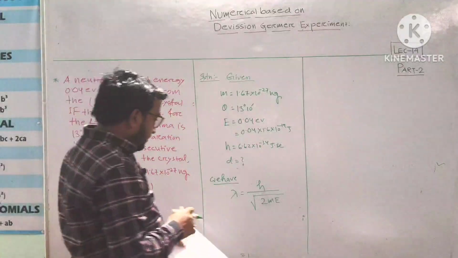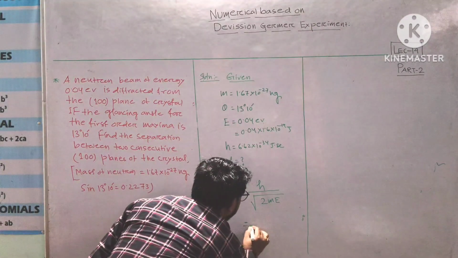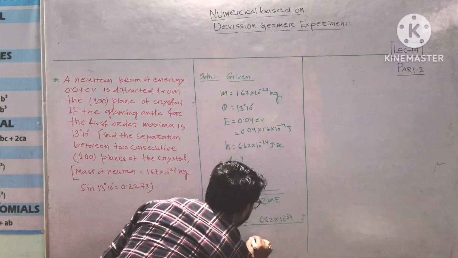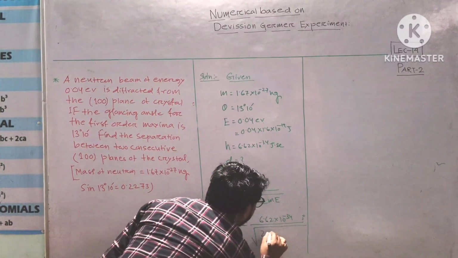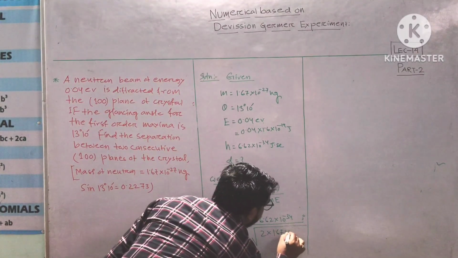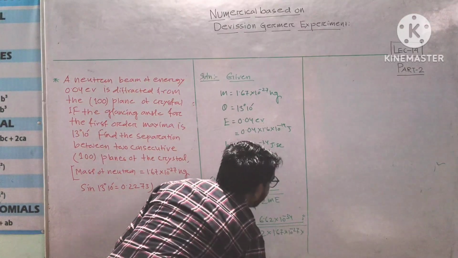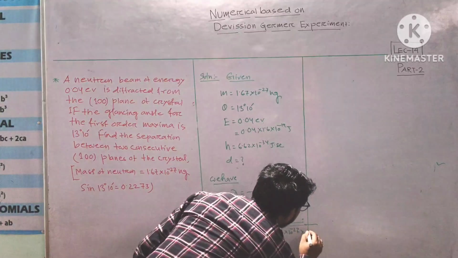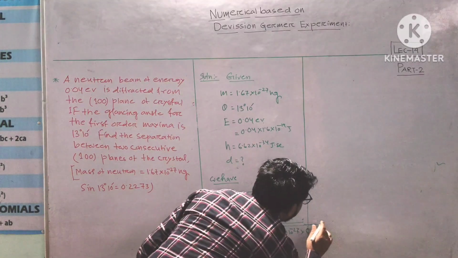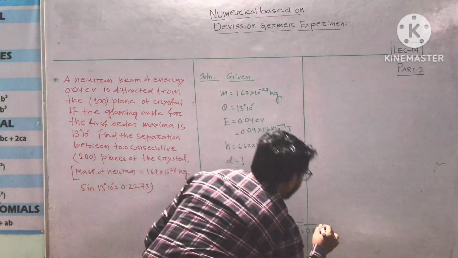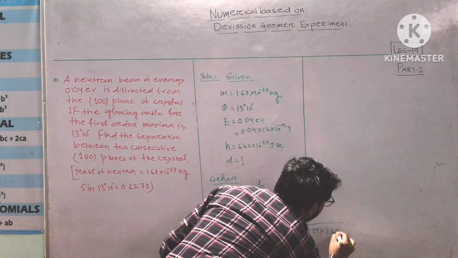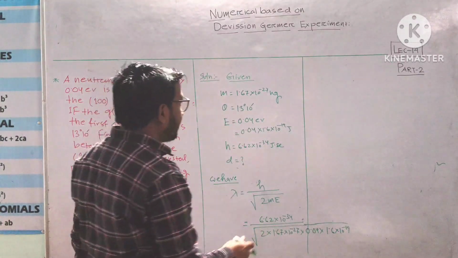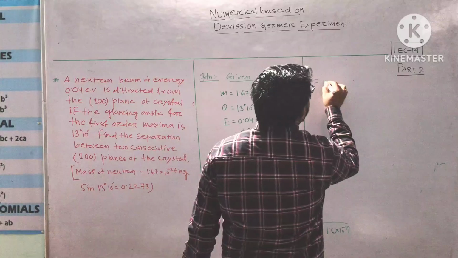Now the value of h equal 6.62 into 10 to the power minus 34, and the value of 2 into m, 1.67 into 10 to the power minus 27, into E. The value of E is equal to 0.04 into 1.6 into 10 to the power minus 19. After solving this part, suppose we will get something.